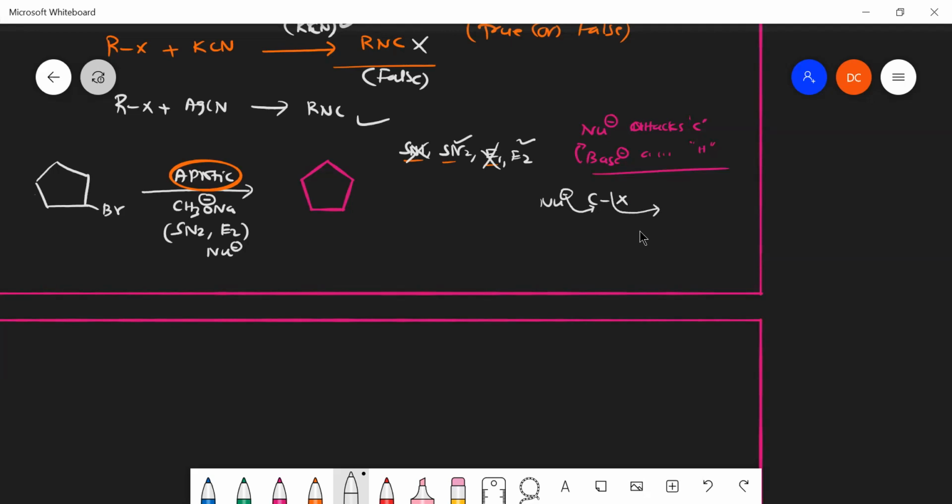By the way, the nucleophilic substitution reaction will proceed. But in the case of the elimination reaction, it's not like that. The base will always attack the beta hydrogen, and the halogen is eliminated from the alpha carbon. Now you can tell me which kind of product I can get. If it acts as a nucleophile, what will it do?